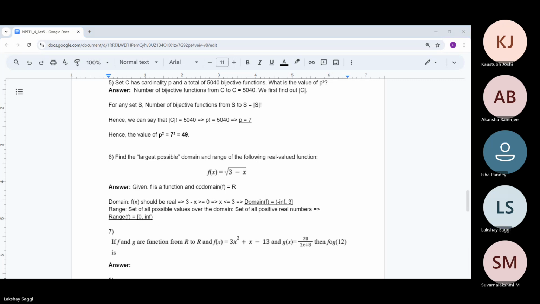I hope I made sense. If not, you can obviously inform me in chat. Otherwise, I'll assume you have understood, and the correct answer here is that the domain is from minus infinity to 3 and the range is from 0 to infinity.